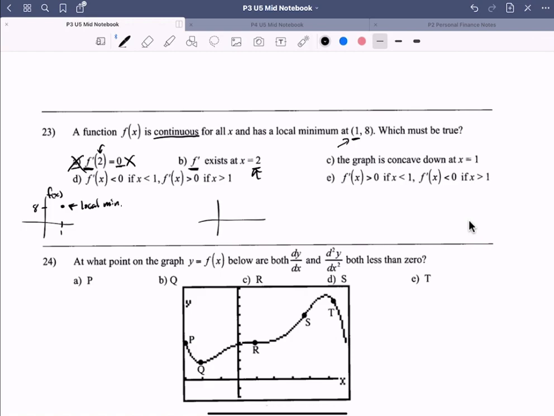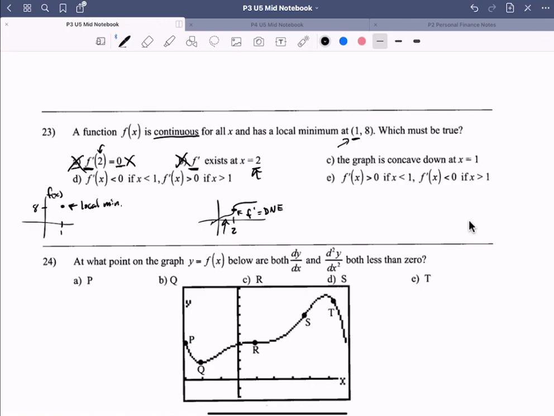Technically, no, because check this out. At 2, I can go like this, and then look, we're vertical right there. So there's no slope that exists right there. F prime does not exist here, and we're still good. So we have a continuous function and an f prime that doesn't exist. So that one is not a must be true.